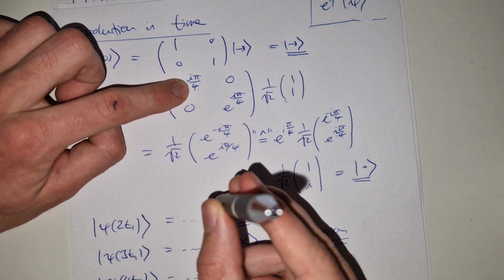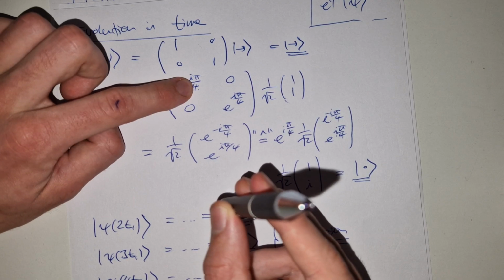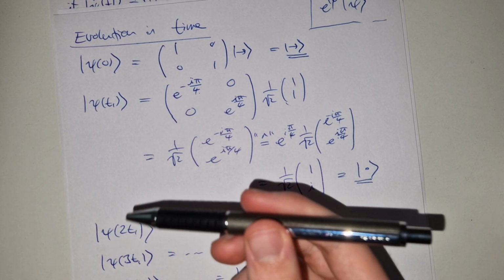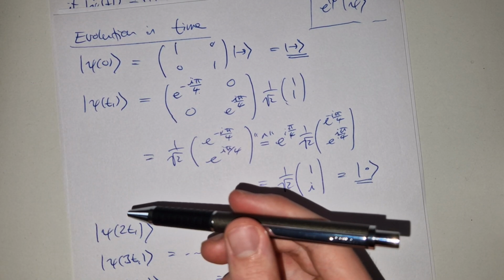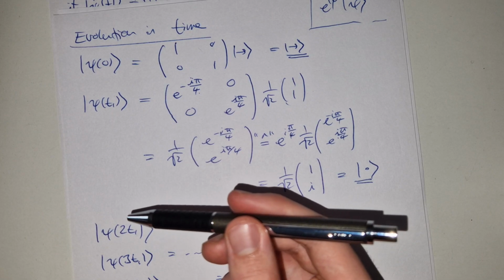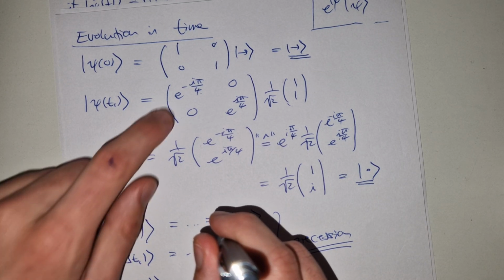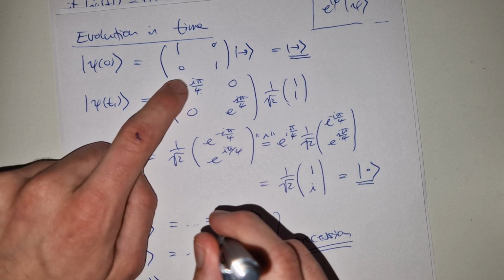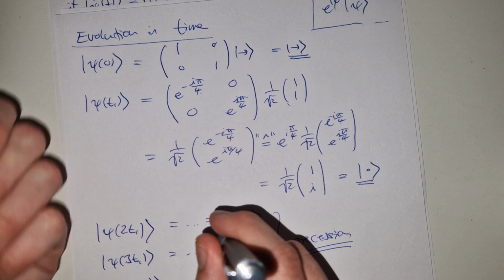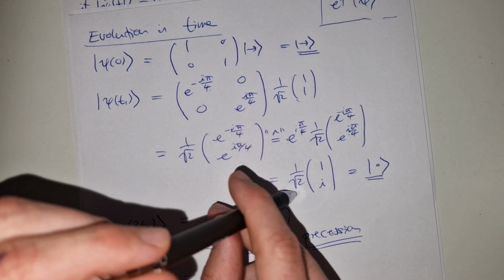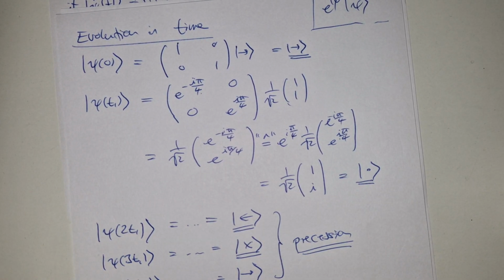Then after some time there was an I pi over 2 in this matrix, that meant spin left. Then after some time there was an I 3 pi over 4 in the matrix, that meant spin down. And then after some time there was e to the minus I pi times 1 in the matrix. That was when we did one full revolution, right?